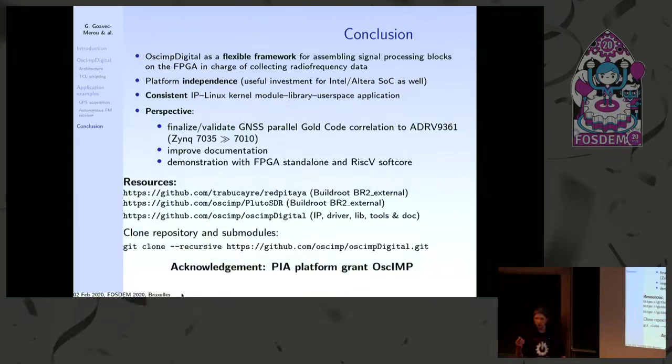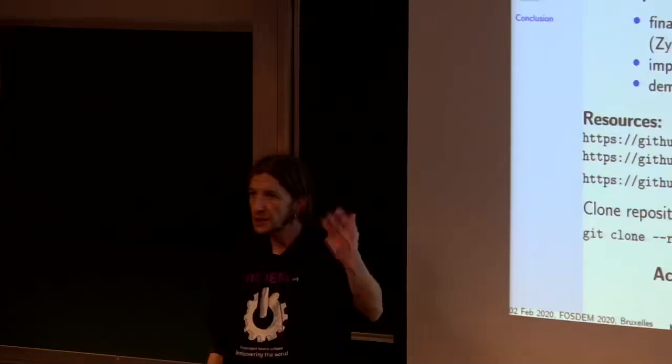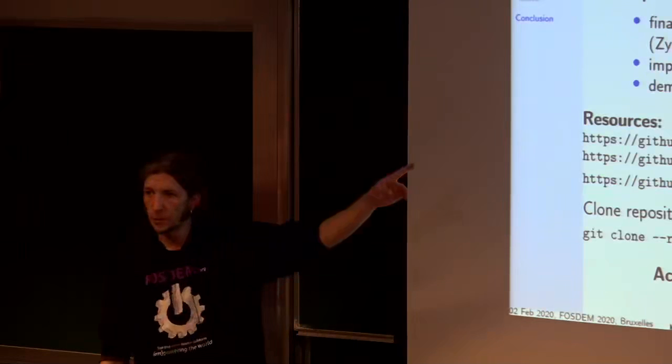Definitely the driver knows how to communicate with the IP, but depending on the IP, a part is done by user space. For example, for the NCO, you have an input frequency, you have an output frequency, you have the phase accumulator, and this is done in user space through a library.